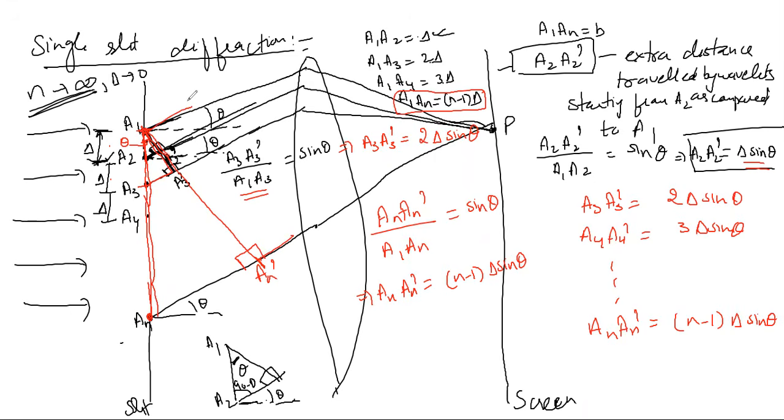So all we have to do is take into account the extra distances traveled by the wavelets which are originating from the different points here.